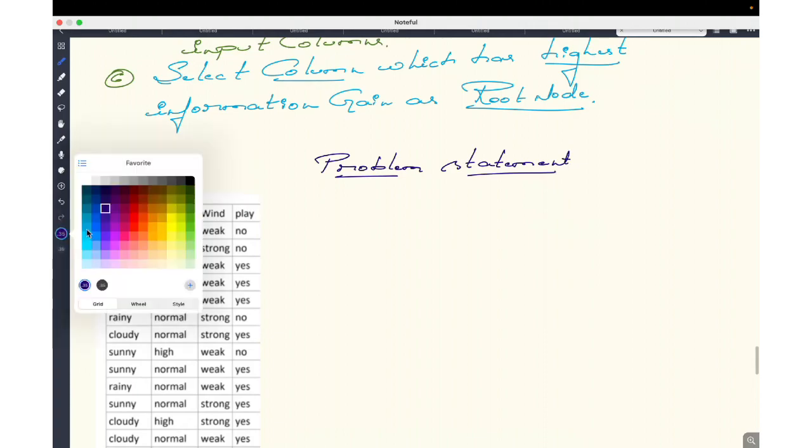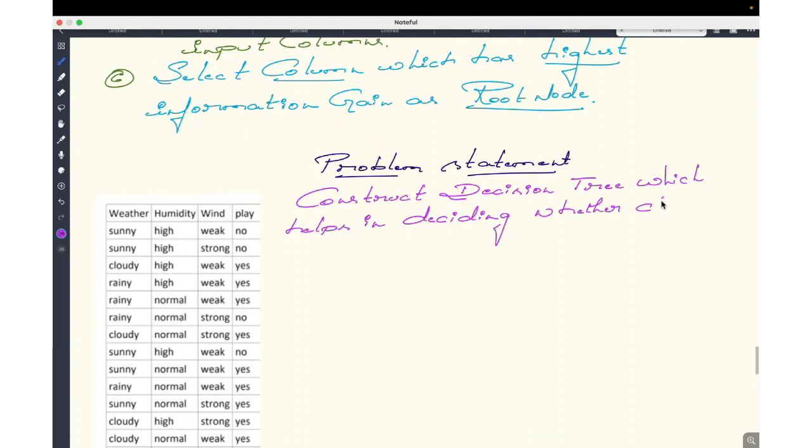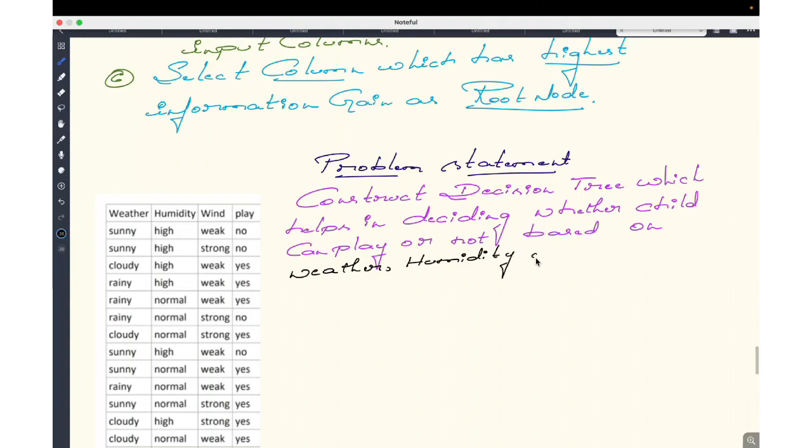We have to construct our decision tree, which helps in deciding whether the child can play or not, based on whatever factors you have: based on weather, humidity and wind. This is the problem statement.